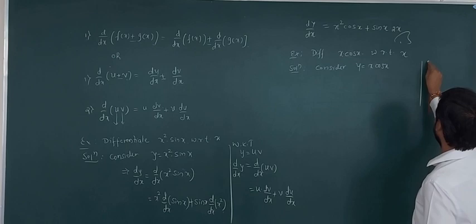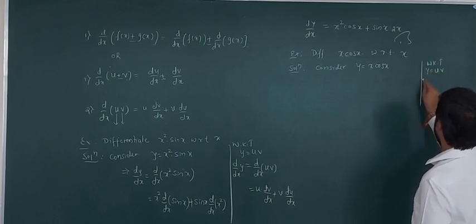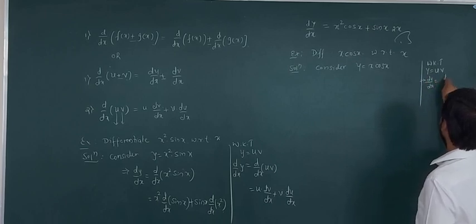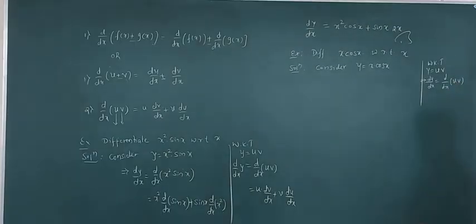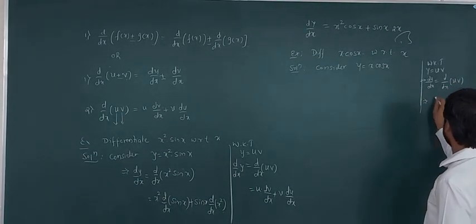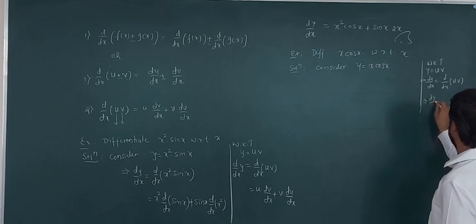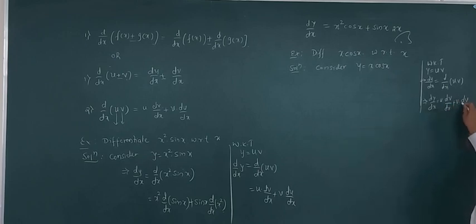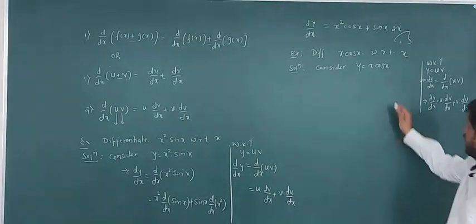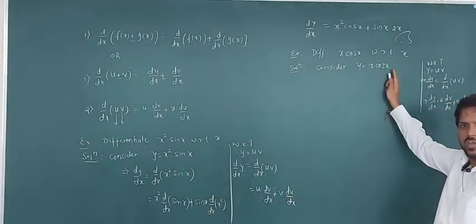Again, we know that if y equal to u into v, then dy by dx is equal to d by dx of u into v. This implies dy by dx is equal to u into dv by dx plus v into du by dx, by using this formula. Here our u is x and v is cos x.